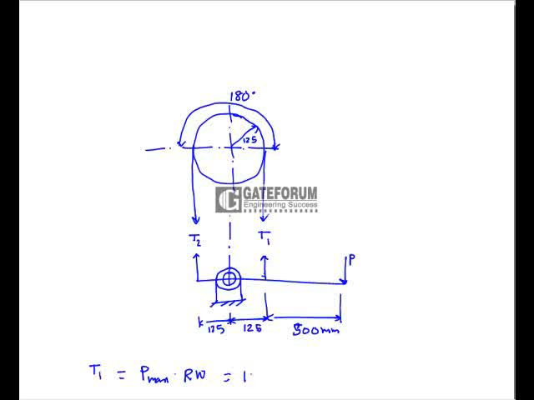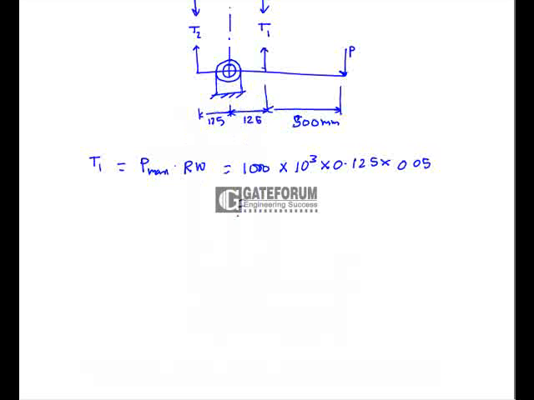P max is 1000 kilopascal into 10 cube, converted to Newton per meter square, R is the radius of the band, 0.125 meter, and W is the width of the band, that is 50 mm, or 0.05 meter. This gives a value of 6250 Newton. So this is the maximum tension in the band.